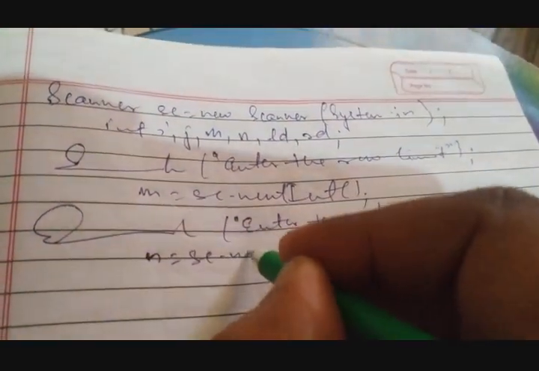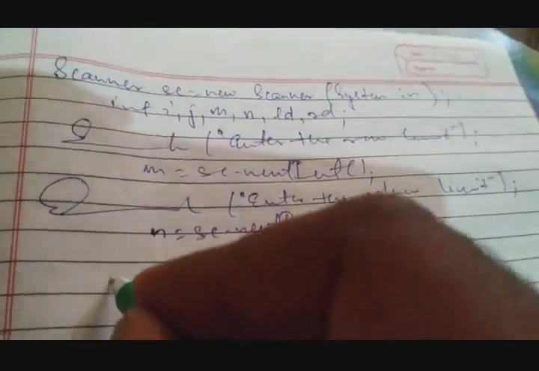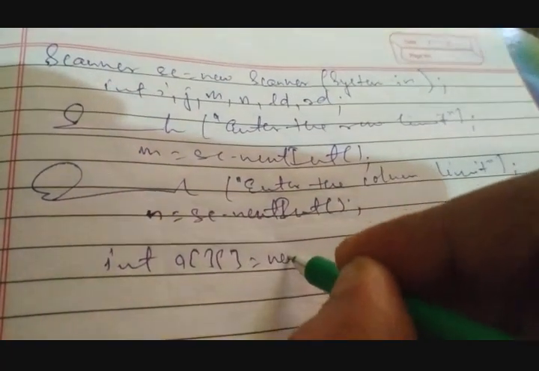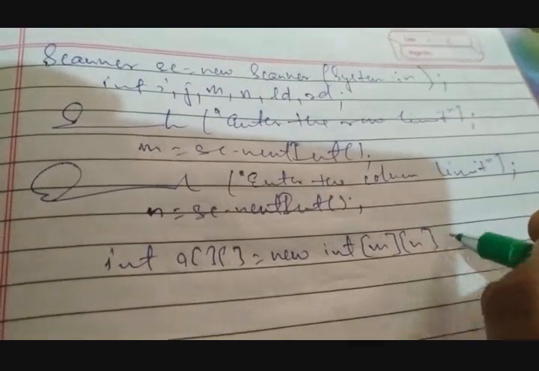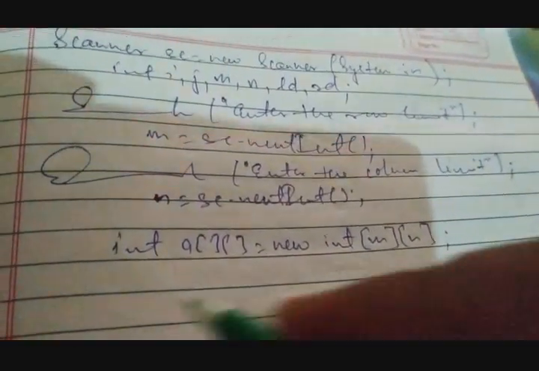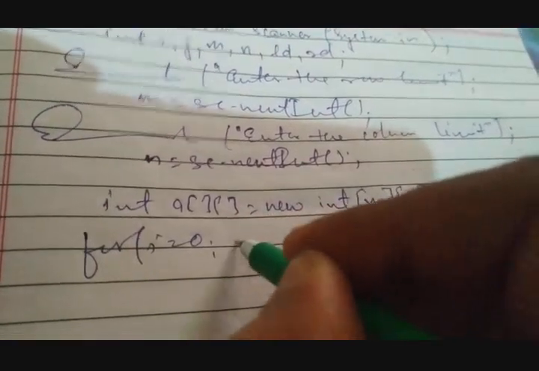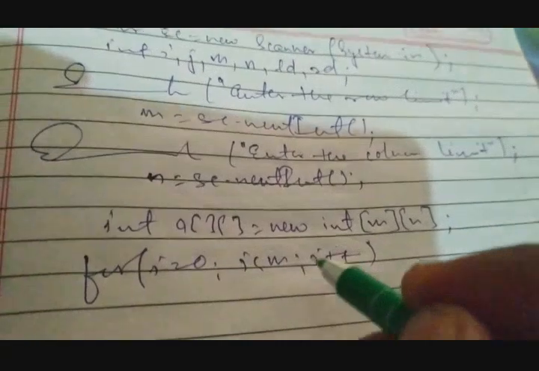n equals sc.nextInt(). Construct an array, int a equals new int[m][n]. Here you have an array m by n, then enter the elements. For i equals 0, i less than m, i plus plus.